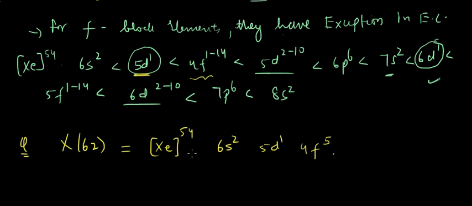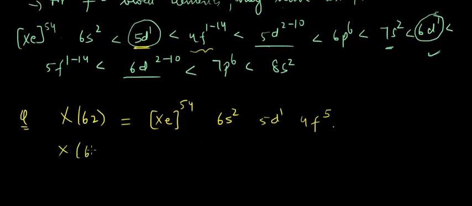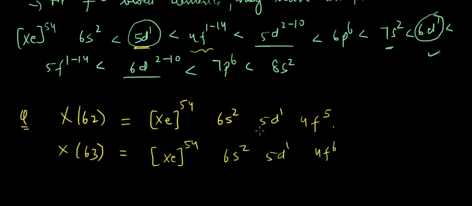In the next case, when we have X63, then it would be nothing but Xe54, 6s2, 5d1 and 4f6. Just observe the two things wherein the exception is coming into the picture.